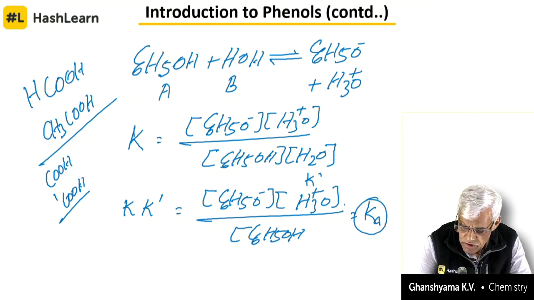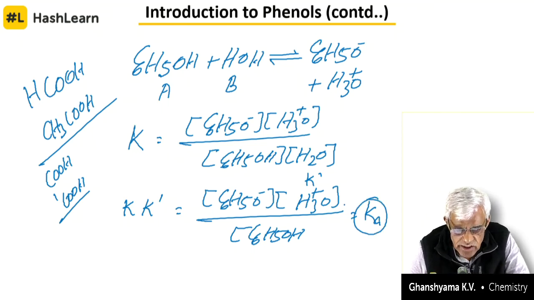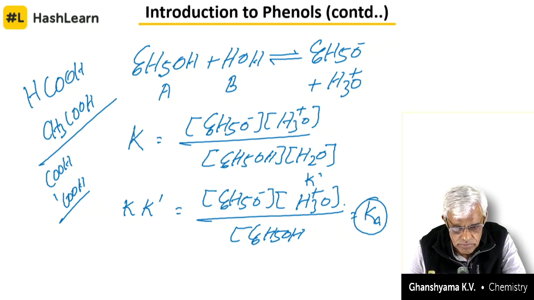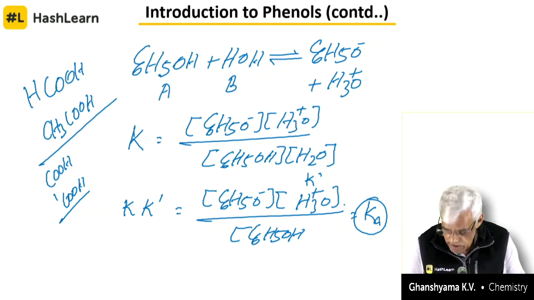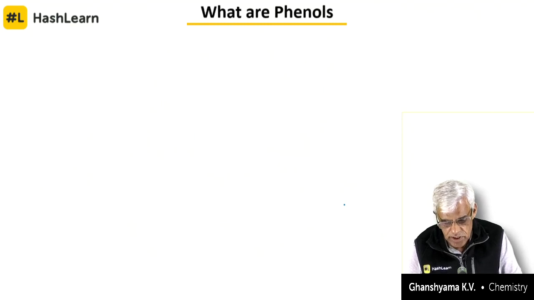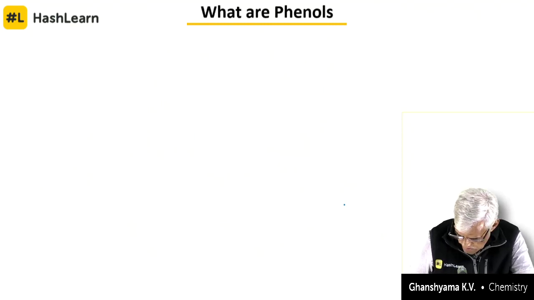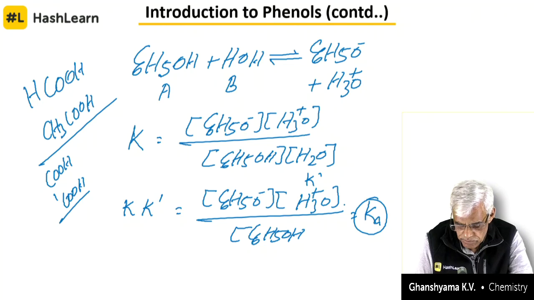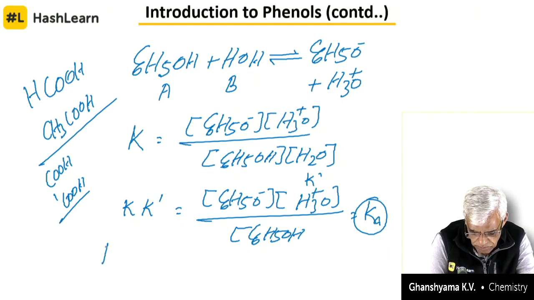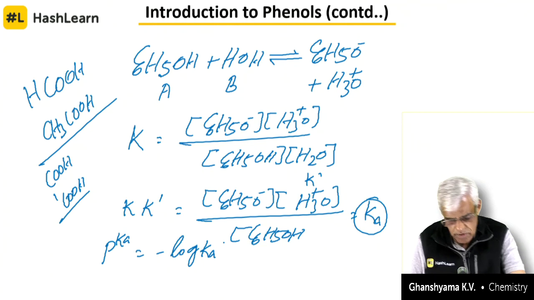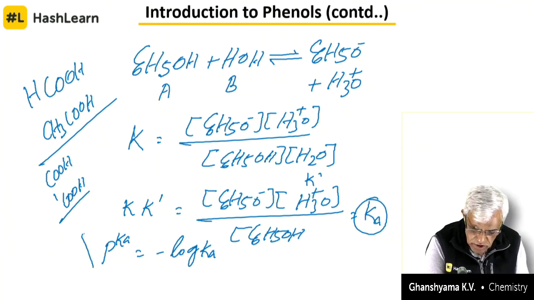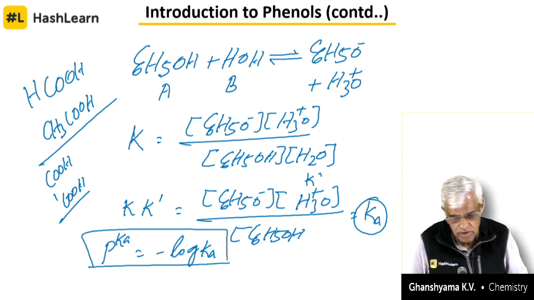So, if Ka value is higher and higher, acid strength is higher and higher. But you know that the acidity is measured in terms of pKa. pKa is equal to minus logarithm of Ka.